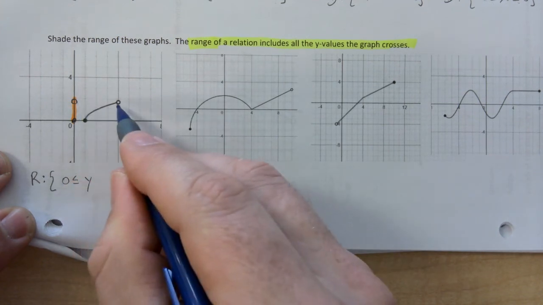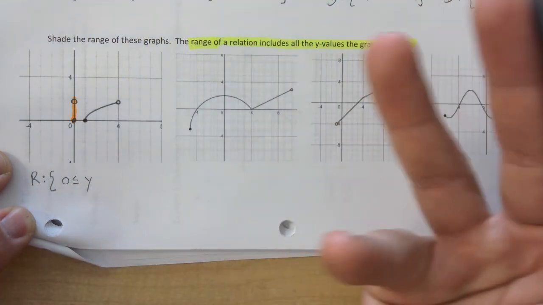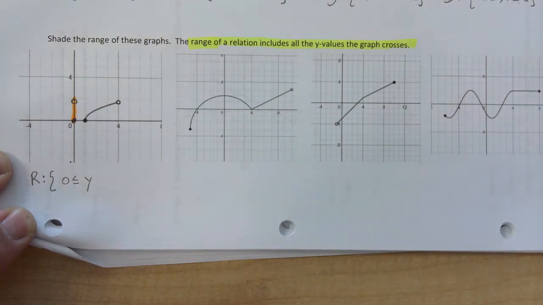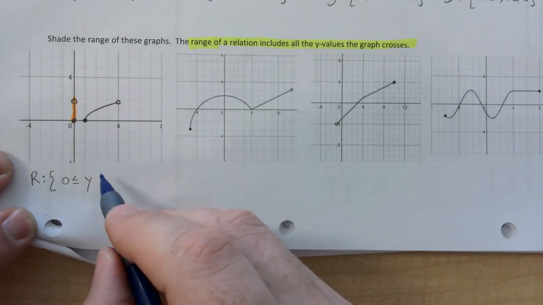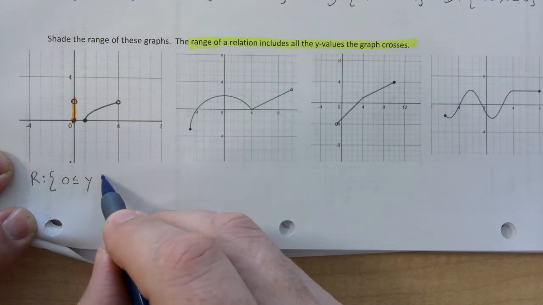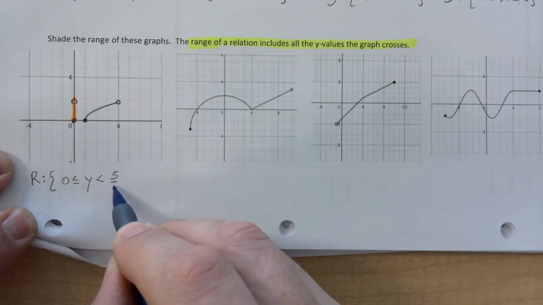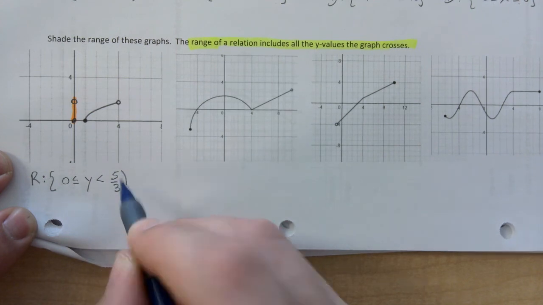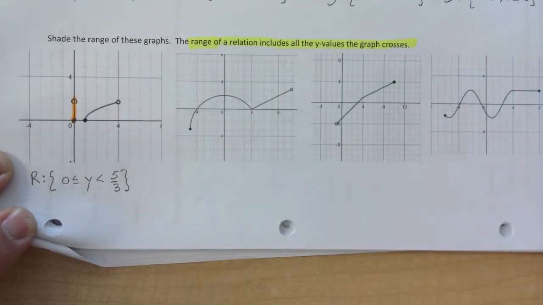It's less than, I don't know, this looks like it's going to be 1 2/3. Yeah. We'll call it 5/3. Less than, not included, 5/3.